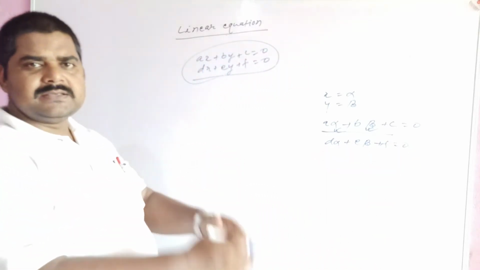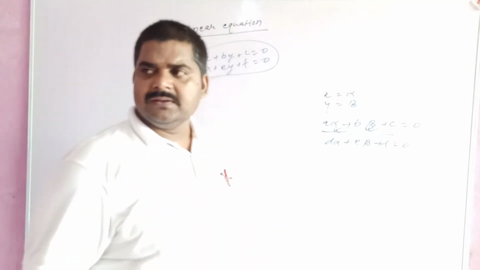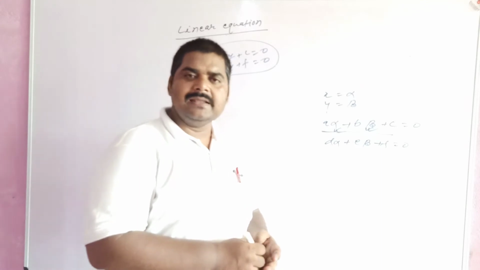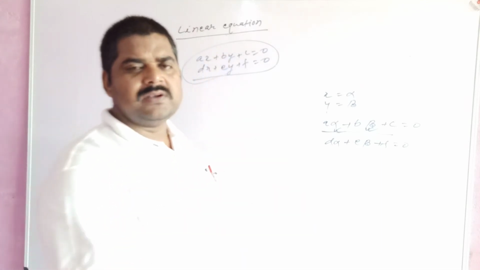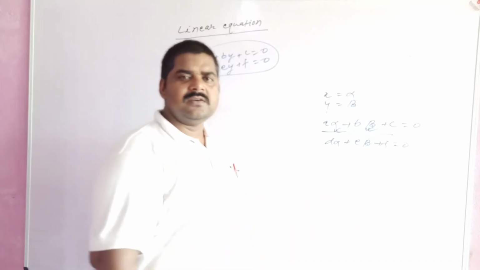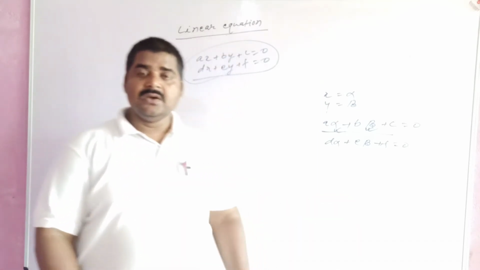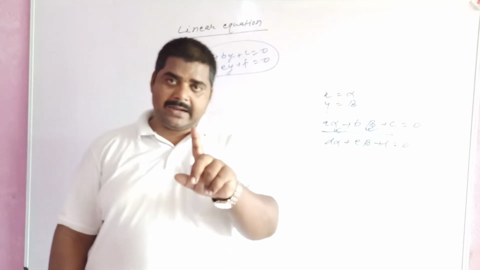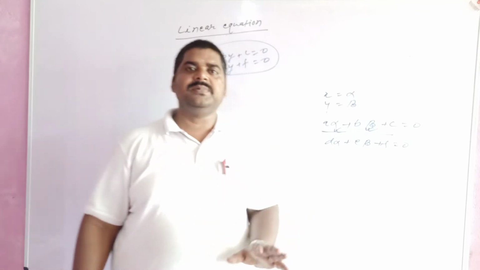So in both cases, if it is the solution of the given linear equations, then if you put either in the first or in the second, its result must be equal to 0. That is called the solution of this equation. So the first case I have just discussed: one value is possible, one and only one. In this case, x is equal to alpha and y is equal to beta.